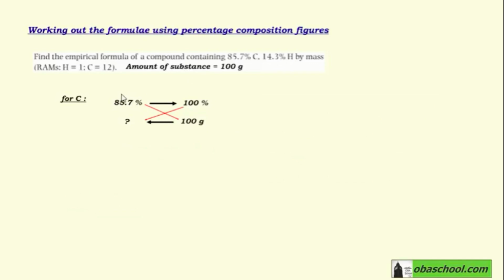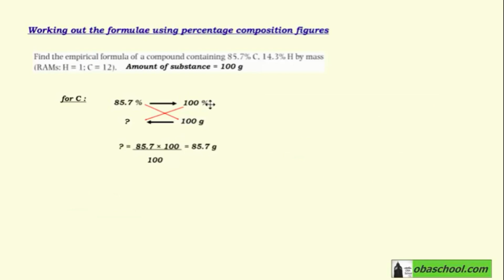I will multiply 85.7 by 100 and the 100% I will multiply with the question mark. But since there's a question mark, I'll put question mark equals 85.7 multiplied by 100 divided by 100.